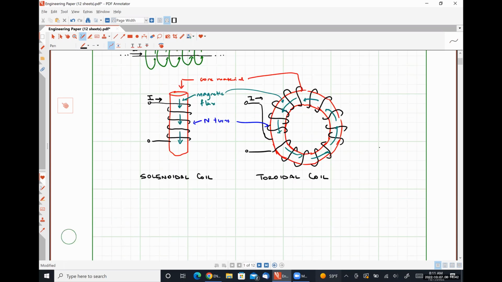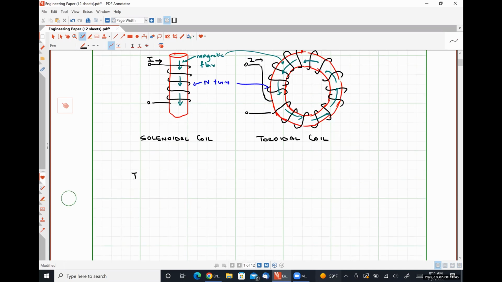So inductance L is defined as the ratio of the magnetic flux, which is phi B, divided by the current which causes the magnetic flux, I. Okay.